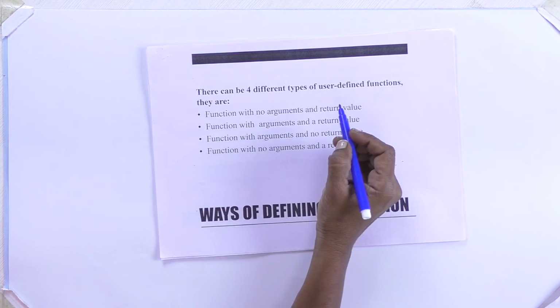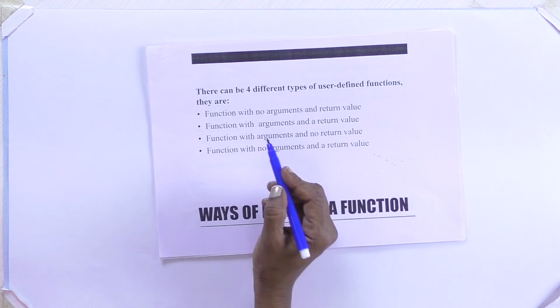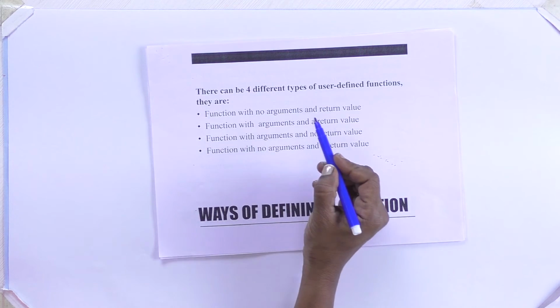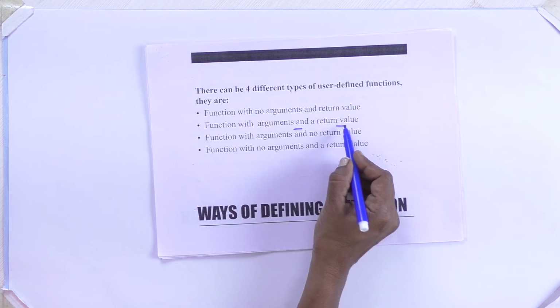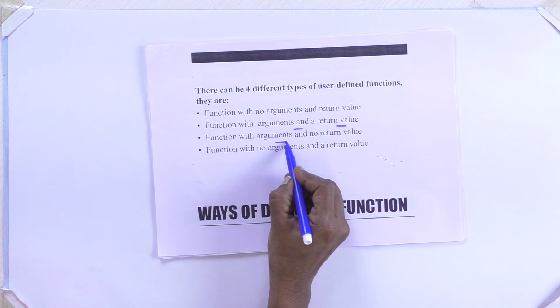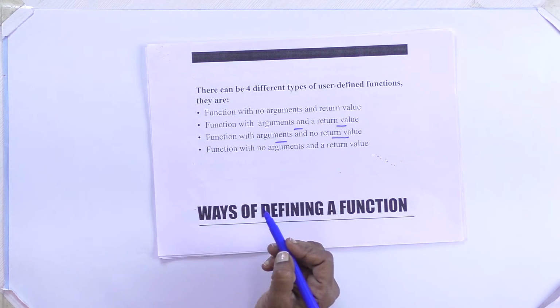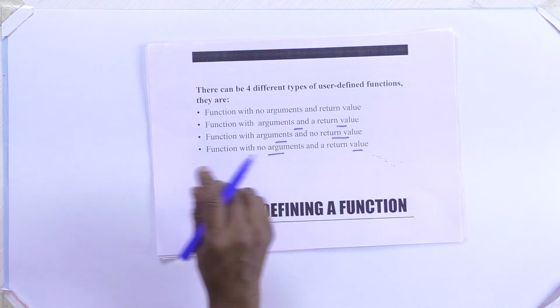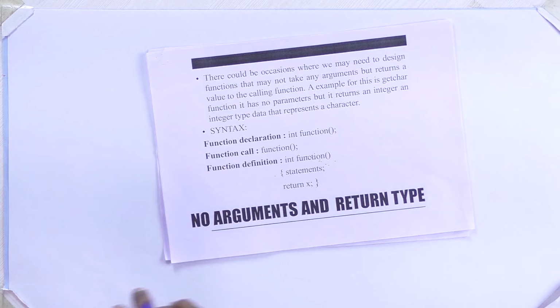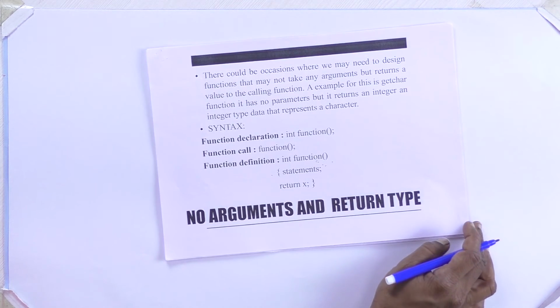There are 4 different types of user-defined functions: a function with no arguments and no return value, a function with arguments and return value, a function with arguments and no return value, and a function with no arguments and a return value. So the first type, no arguments and return value.